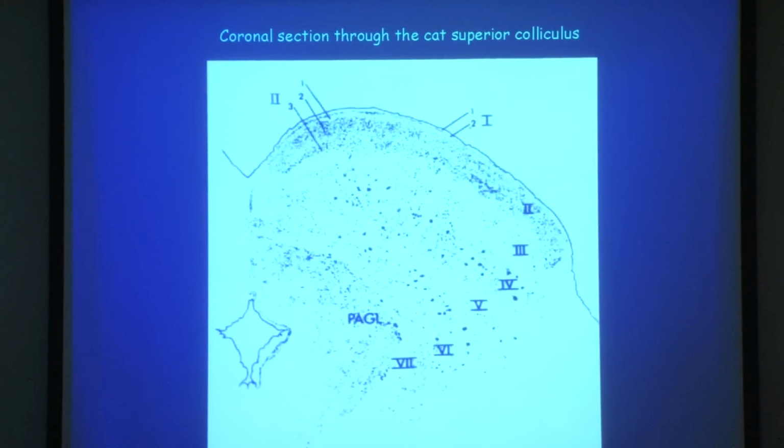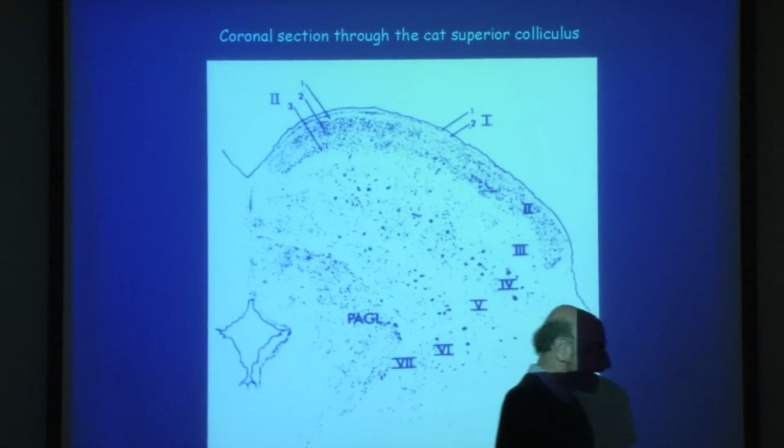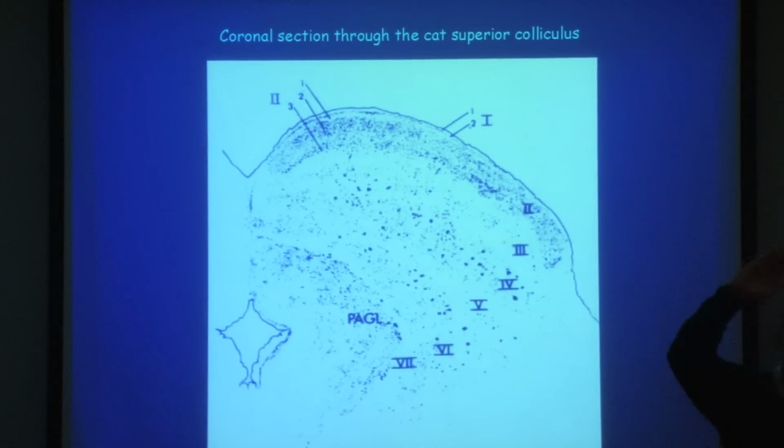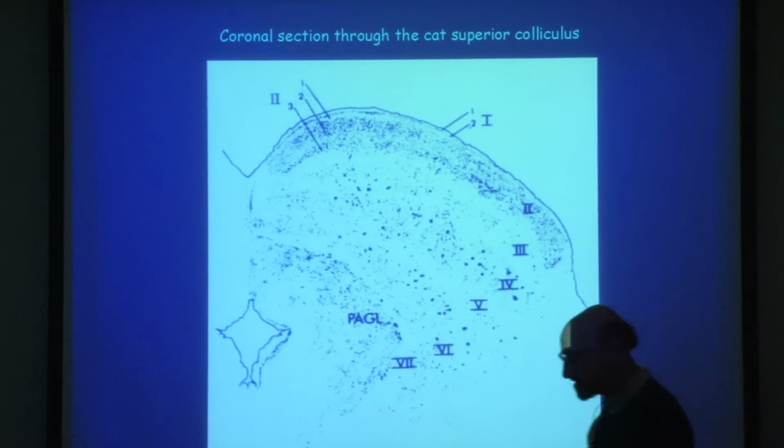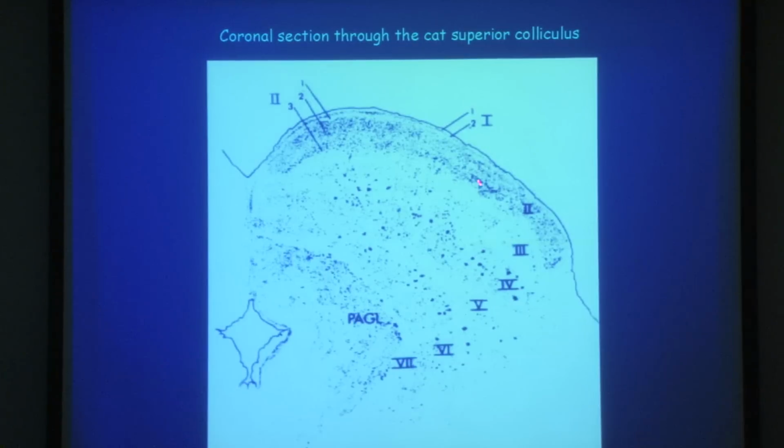Now, if one enlarges this, in the cat actually, and takes a coronal cross-section of the superior colliculus, you can see it's a fairly complicated structure. It has several layers. People have distinguished at least 7 clear layers. The upper part here is often referred to as superficial gray.